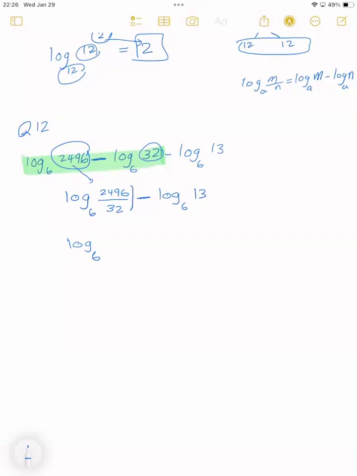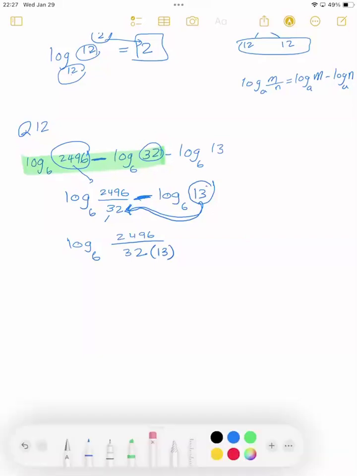This is the numerator. That's the numerator. This becomes the denominator. So just put it in the denominator. When you're doing the subtraction, if there's a subtraction, this guy goes into the denominator. If this was an addition, it would have gone to the numerator. That's just a shortcut.